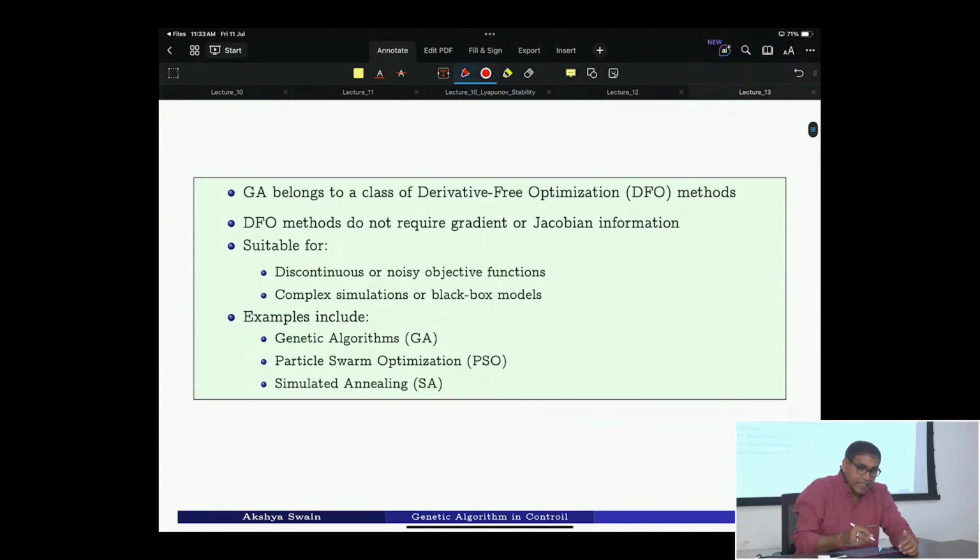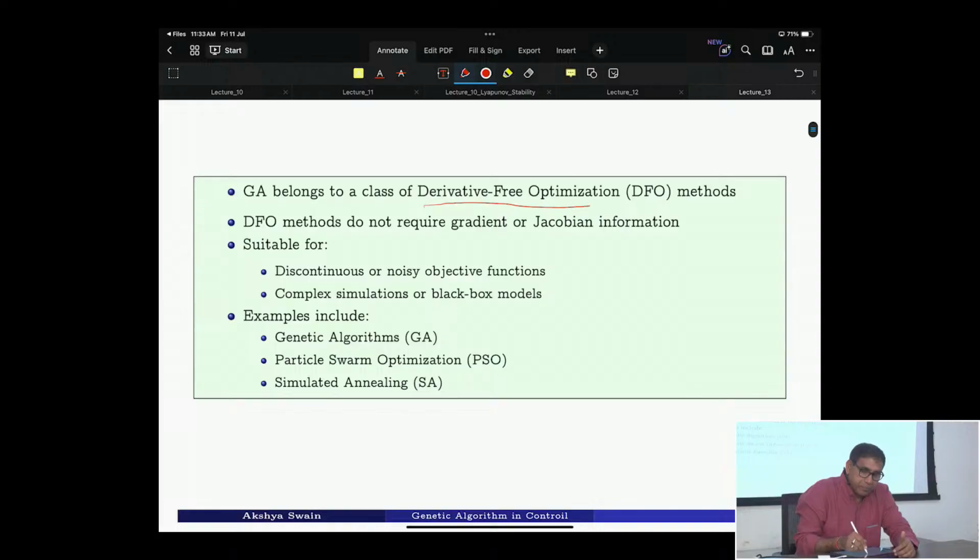GA belongs to a class of derivative-free optimization techniques, DFO methods, right? DFO methods do not require any gradient or Jacobian, no differentiation operation. They are suitable for discontinuous functions or noisy objective functions, complex simulation, black box models. What are discontinuous functions?